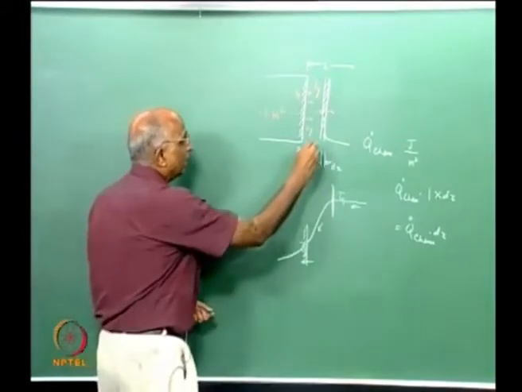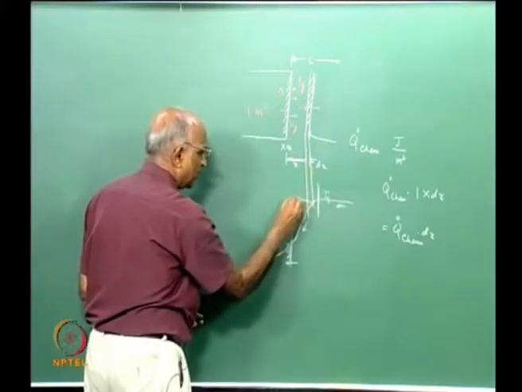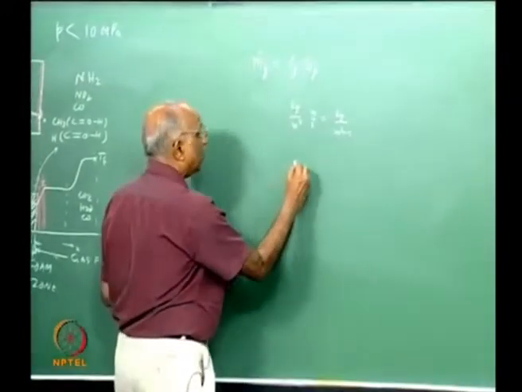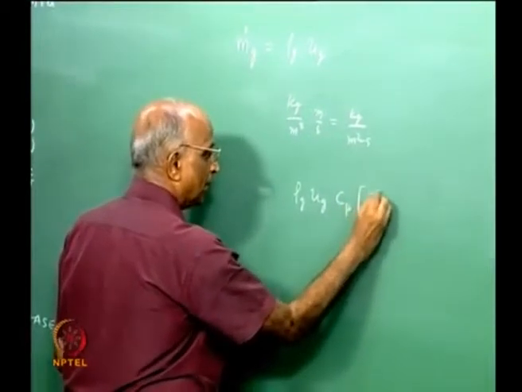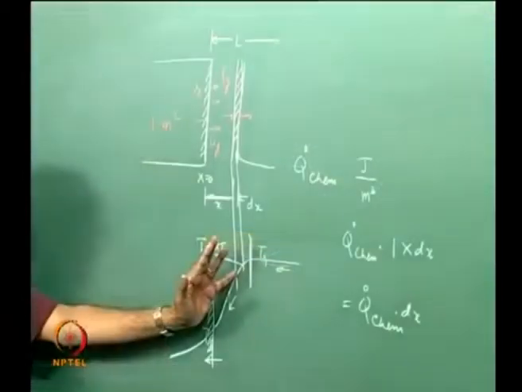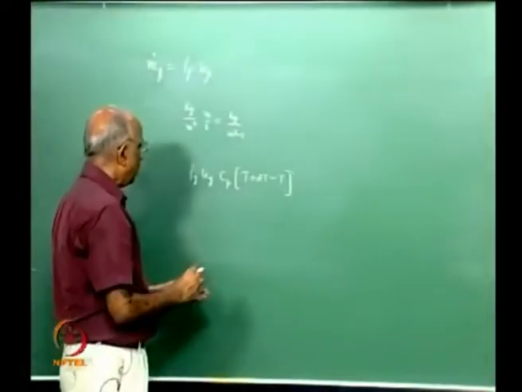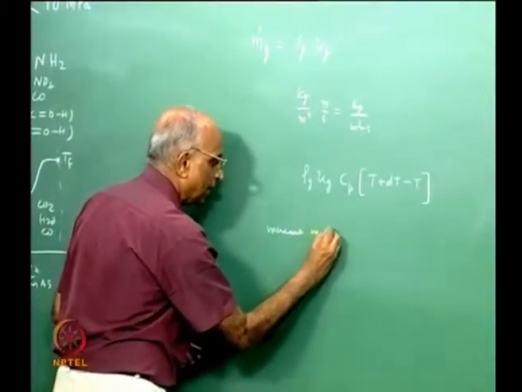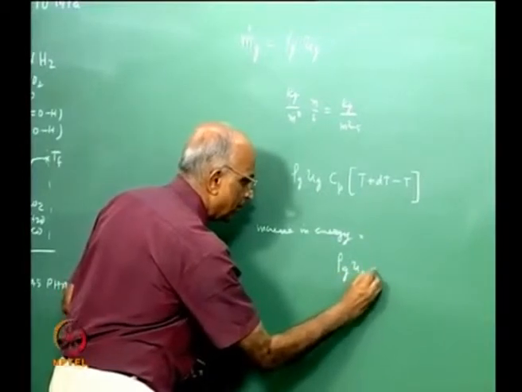The gas is moving, let us say this particular temperature here is T, the temperature here at the next instant of time at x plus dx is equal to T plus dt, because there is a small increase in temperature, and therefore the increase in enthalpy of the gases is going to be rho g into ug into specific heat, let us say constant pressure, into the exit T plus dt minus temperature, because for this element at the left hand side the temperature is T, it has increased in temperature over a small distance dx by dt, T to T plus dt, and therefore this is the value, or rather the increase in energy, increase in enthalpy of the gases, is equal to rho g ug into Cp into dt.